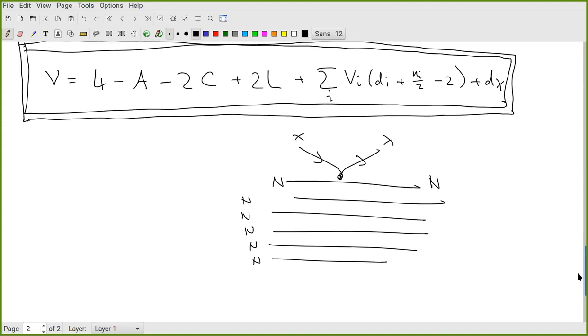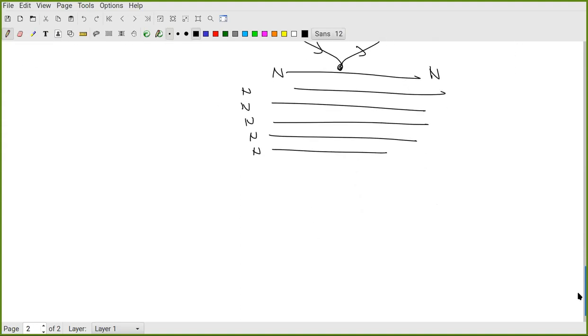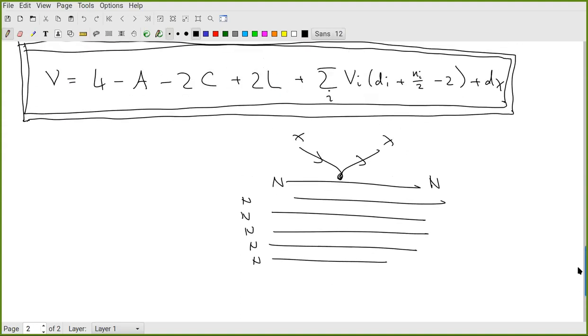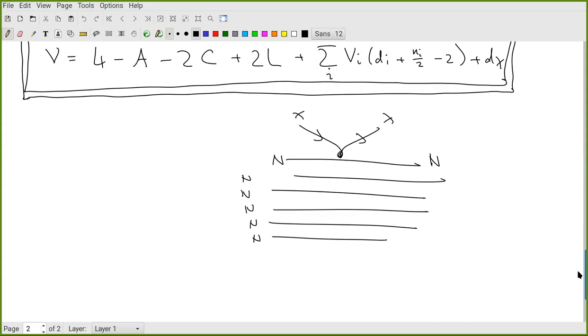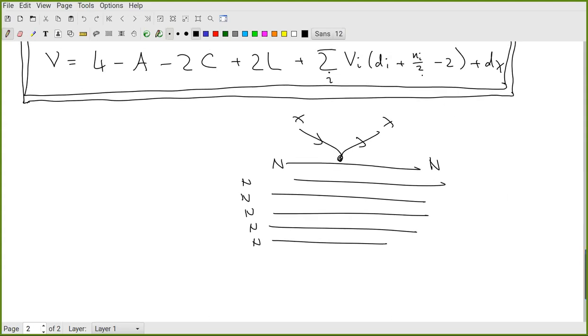So again, tree level will be most important. Then you can compare processes with nucleons and without nucleons, by setting this ni to 0 or not to 0. And then you can decide, for a given interaction, which diagrams are leading.